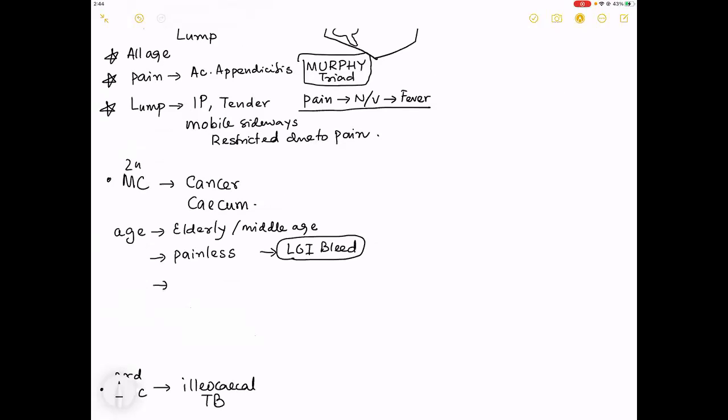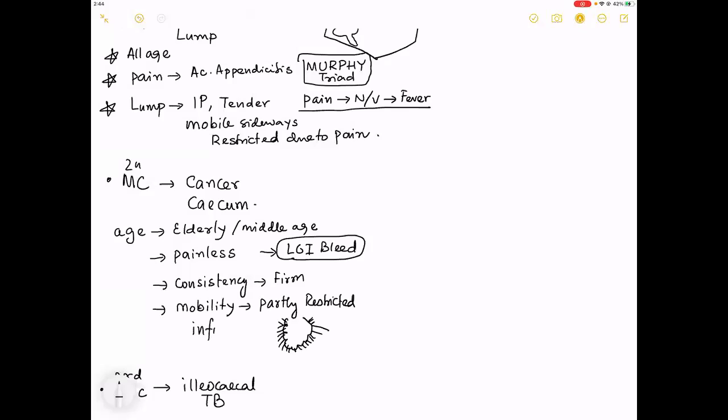What is the consistency of the lump? Firm to hard. And finally, what is the mobility of the lump? The mobility of the lump is partly restricted because the cancer is known to infiltrate surrounding tissues.